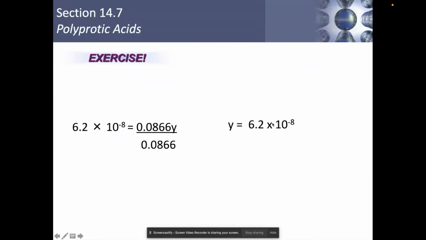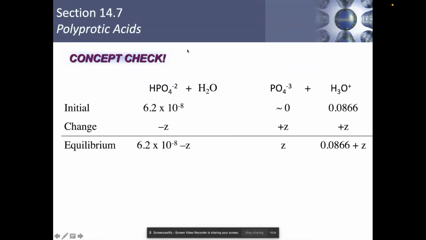That's kind of nice. All right, but we have to do it again because phosphate is in the third step. So this is the amount of hydrogen phosphate that we had from our last step. I'm again losing some amount of that. We had no phosphate to start with at the beginning of this process. Our H3O plus concentration is the same, and now we have our last Ka value here.